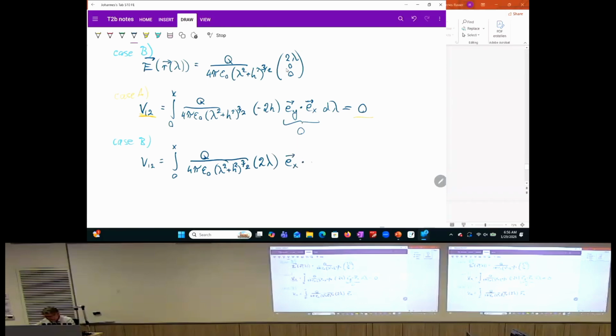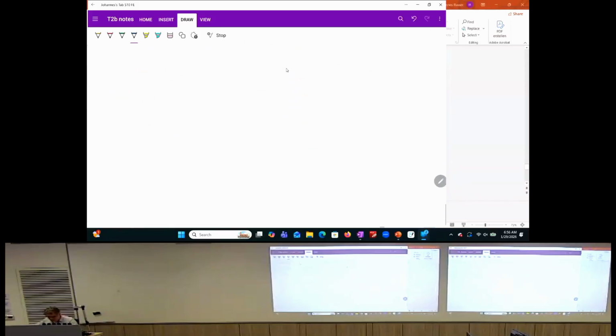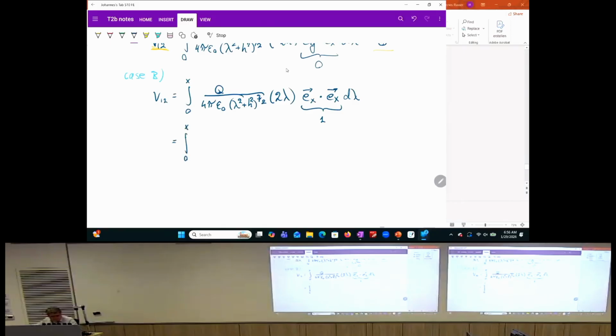Then comes the line element, Ex d lambda. And there you see right away, this time it is not vanishing. This is 1. So we can keep going and integrate from 0 to x: q over 4 pi epsilon naught, and here we have lambda over lambda square plus h square. And that we have to integrate now.